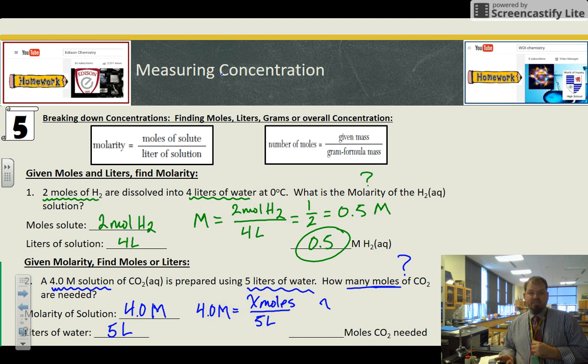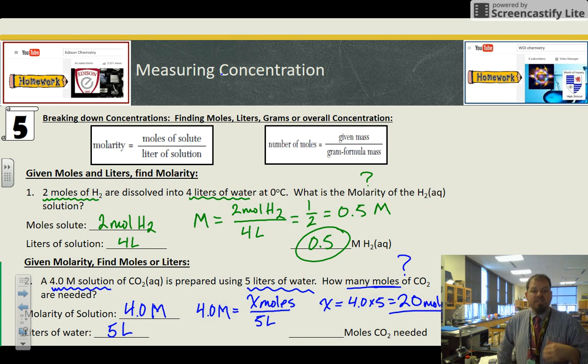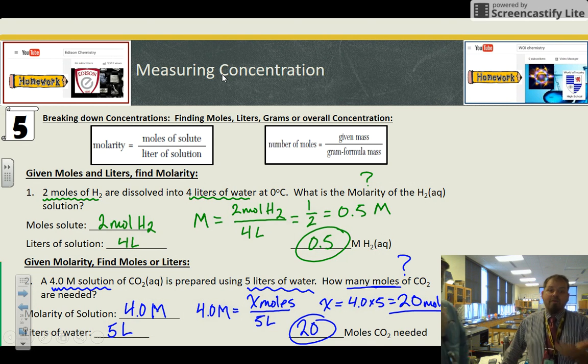To get X by itself, I simply multiply both sides by 5, which means 4 times 5. I can do that in my head. We got 20 moles. I would need 20 moles of stuff to put into 5 liters to make my solution 4 molar, at a specific concentration.